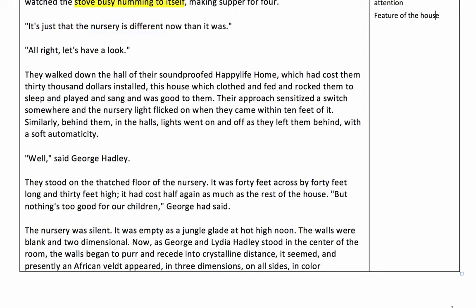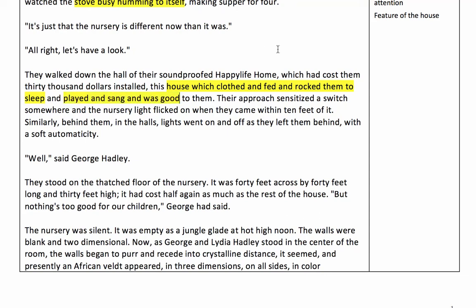Then there's the introduction to the house over here. It cost them $30,000 installed. The house which clothed and fed and rocked them to sleep. We're going to highlight this. Played and sang and was good to them.